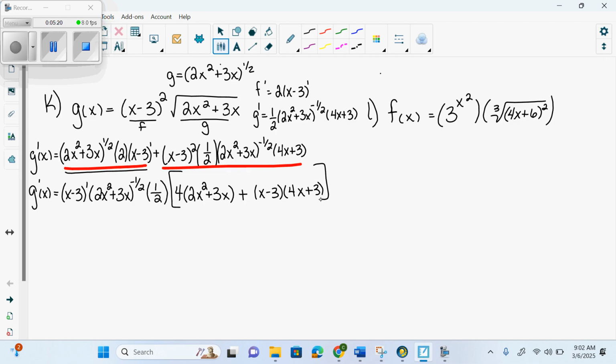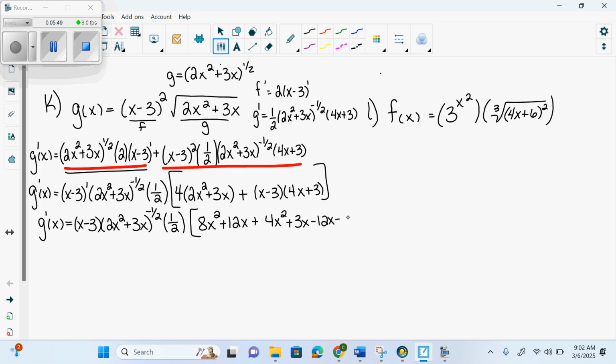Then we're going to distribute. So g prime of x equals x minus 3, 2x squared plus 3x to the negative a half, and we can put a half here, and we'll deal with those in a second. In the bracket, we're left with 8x squared plus 12x plus 4x squared plus 3x minus 12x minus 9.